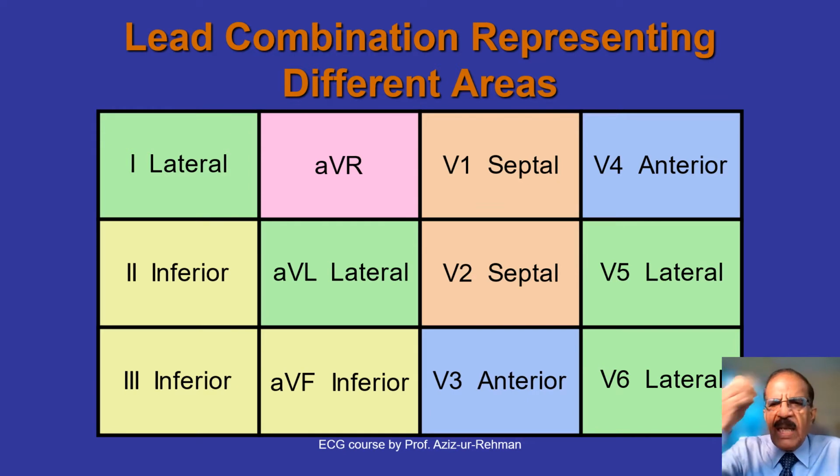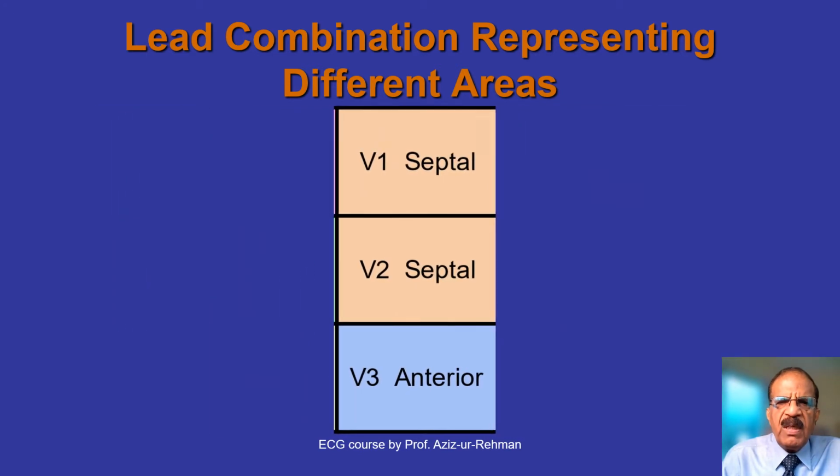So these are the leads, and the true posterior wall is not represented by any leads, but we will see the opposite group of leads and we will look for opposite changes. For example, we will focus on these three leads and look for the opposite changes.